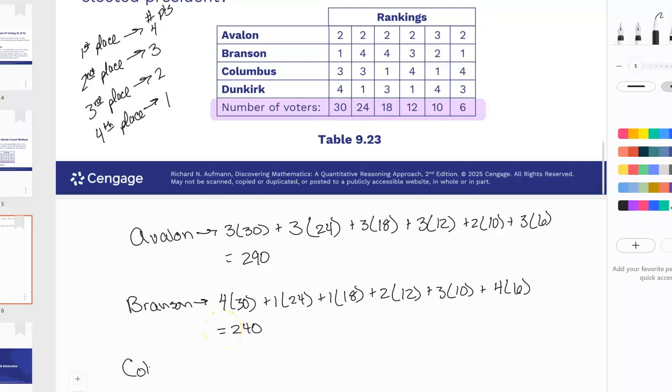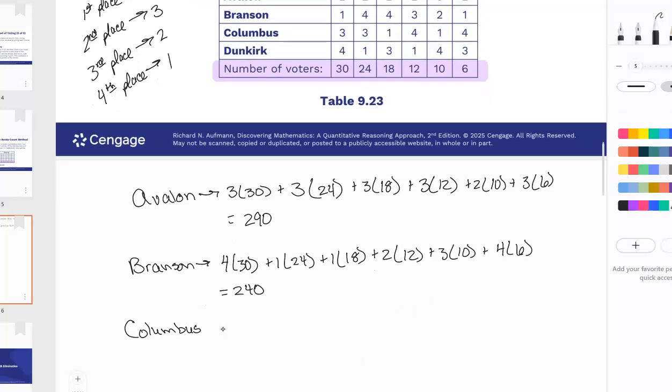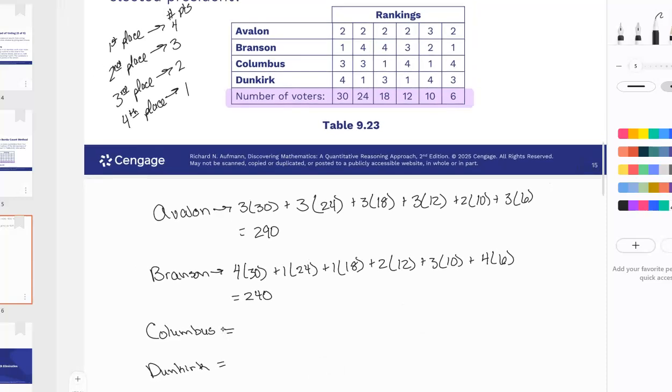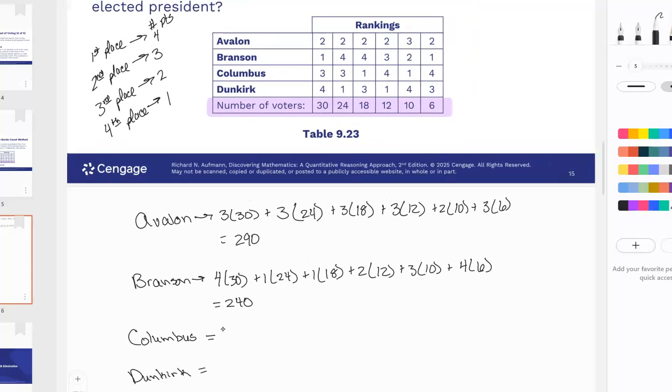And then we're going to do the same thing for Columbus and then Dunkirk. And this is where you may want to pause the video, try to come up with those numbers yourself, and then come back and compare. So we had a ranking of 3, so that's worth 2 points, and there were 30 people that ranked that way.